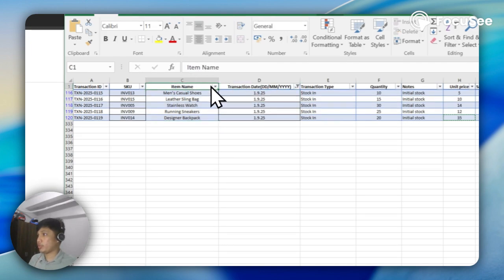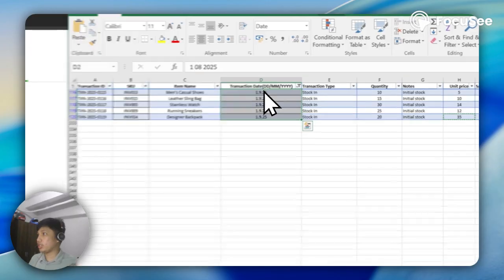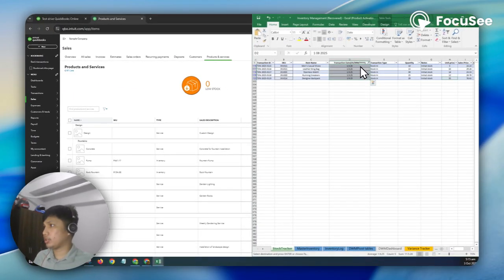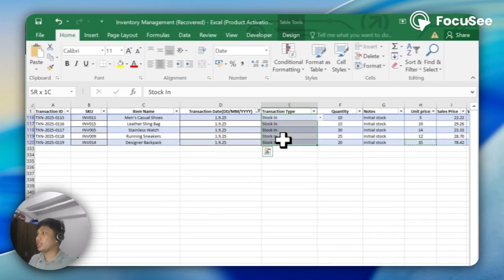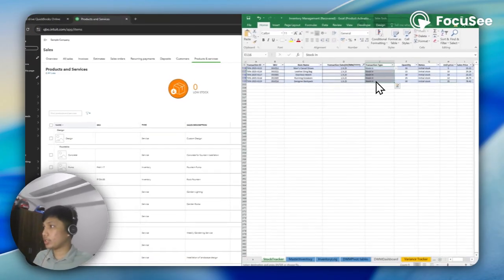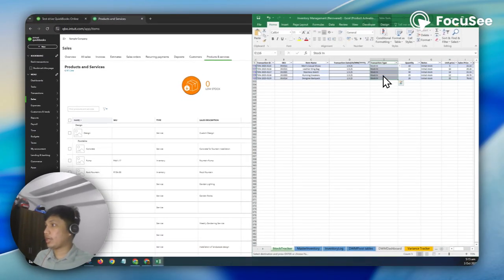As you can see, we have item name and transaction date, where the date format is day, month, and year, for example September 1, 2025. Stock in means the inventory comes into us.